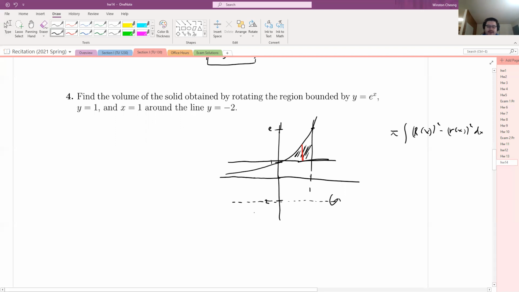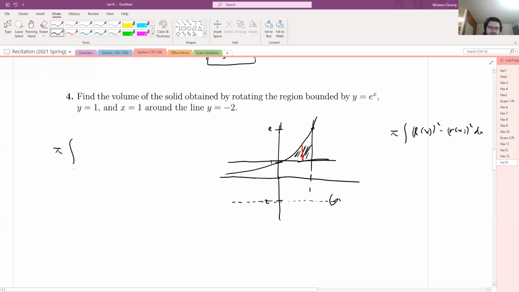You can see that because putting the axis of revolution here adds a separation distance of 2 to the radii. For this line, the distance from the axis of revolution to the line y equals 1 is a distance of 3. So you end up adding 2 to both of these.